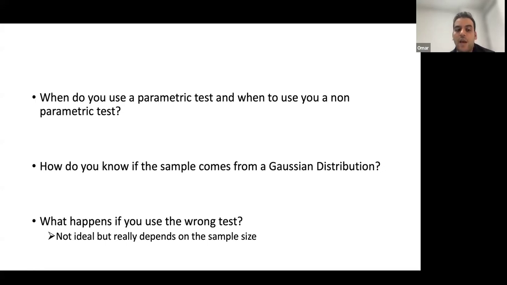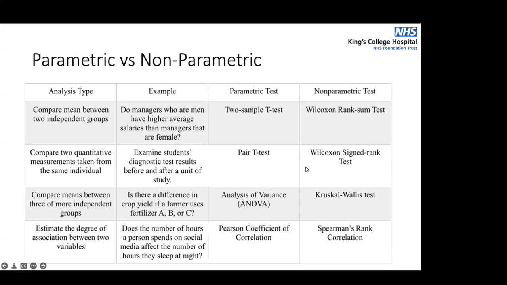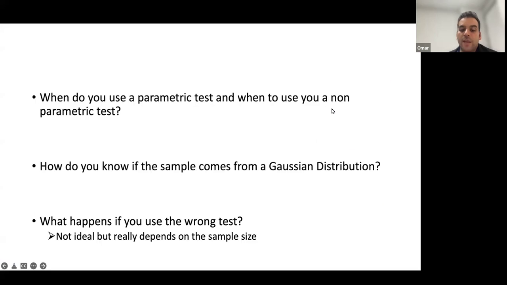You could ask, what happens if you use the wrong test? Let's assume that you have normally distributed data, but somebody has reported and used a Wilcoxon rank sum test.